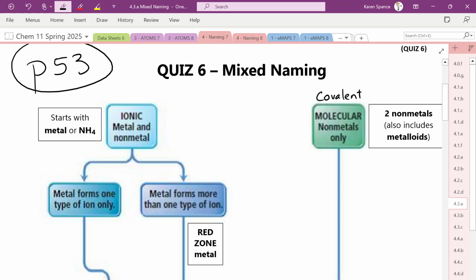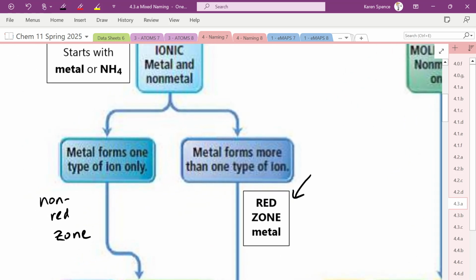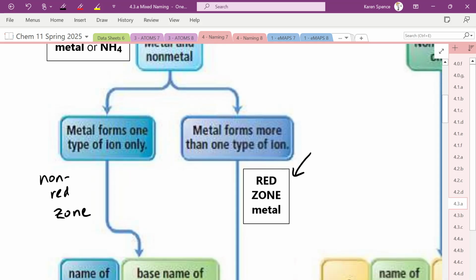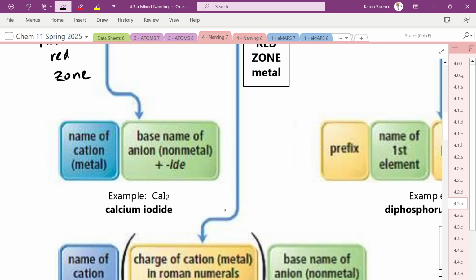So today you wrote a quiz about ionic compounds, and you had to decide, was the metal in the red zone, or was it a non-red zone metal? What do you do if your metal is in the red zone? You use a Roman numeral, okay?